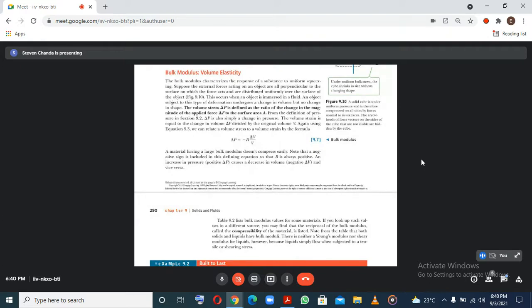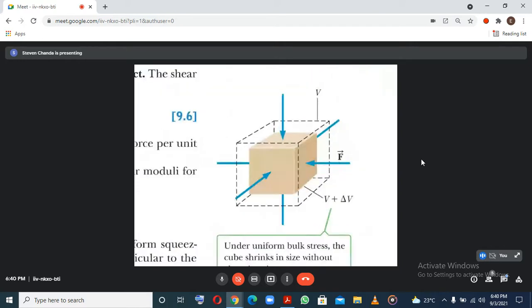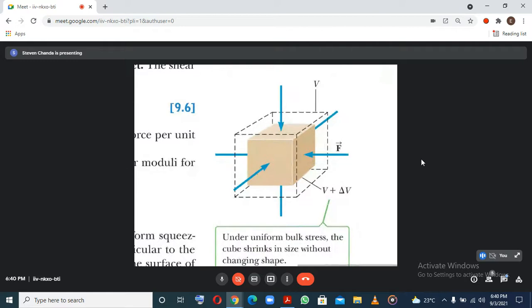So what the bulk modulus really looks at is this. So when you look at this, what's happening? With bulk modulus, the shape is not changing. The shape is maintained, but what changes is the volume, or in other words, the size.